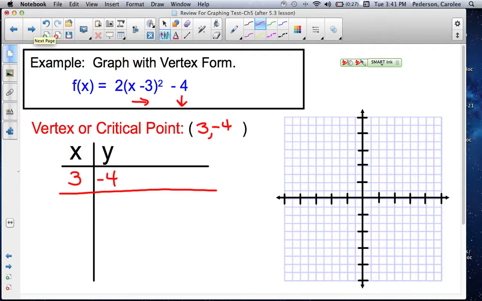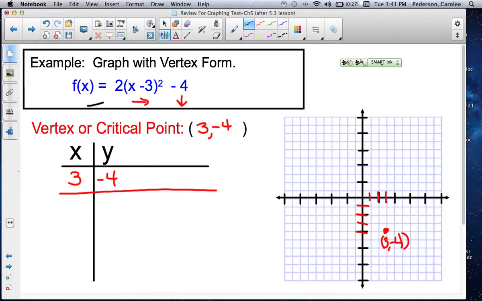Now go over and graph it. Right 3, and then down 4. 1, 2, 3, 4. Now let's find some more points on the graph.